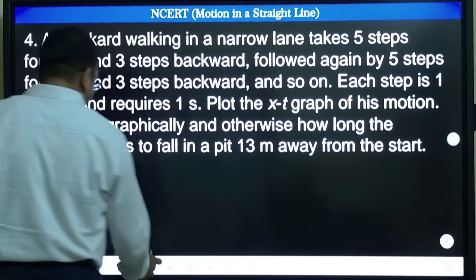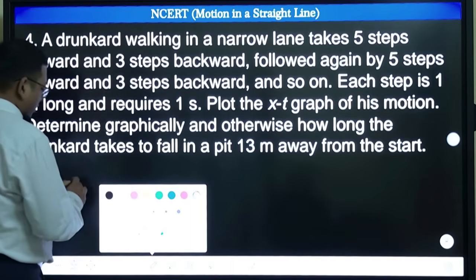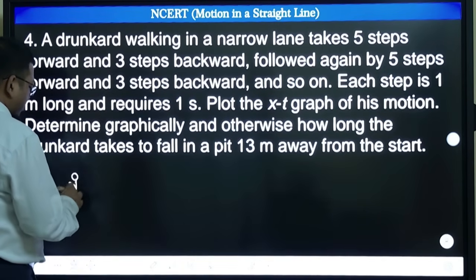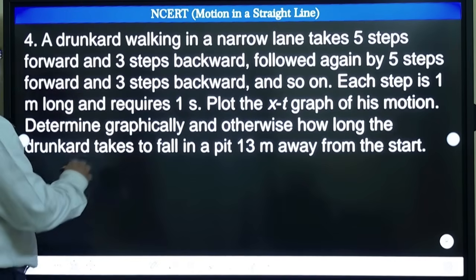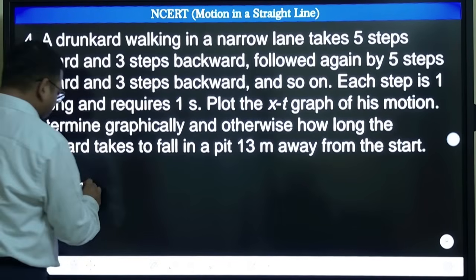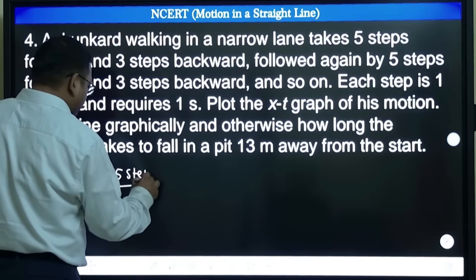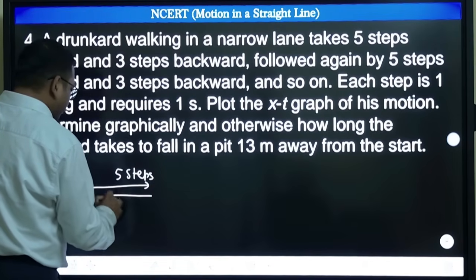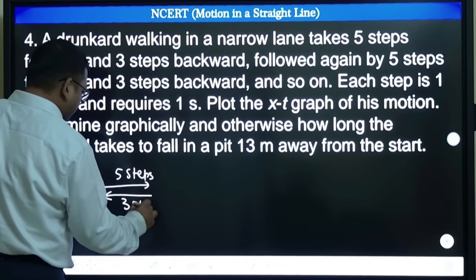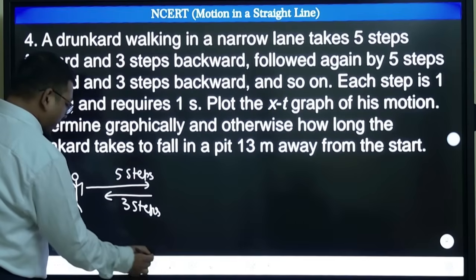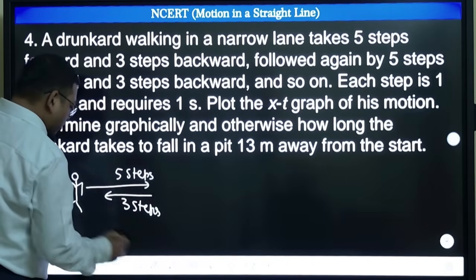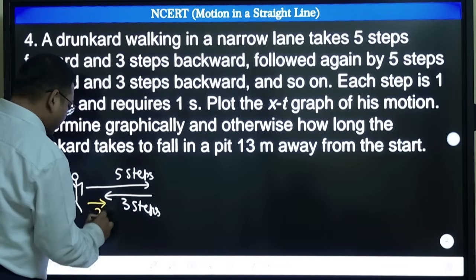What kind of motion will it be? So suppose this is a drunkard, right? And he starts. So forward he is taking 5 steps, and backward he is taking 3 steps. So basically, effectively, how much is he moving? 2 steps only in one cycle.